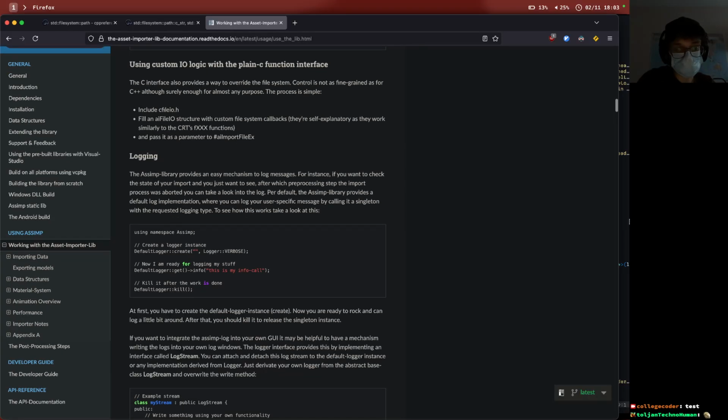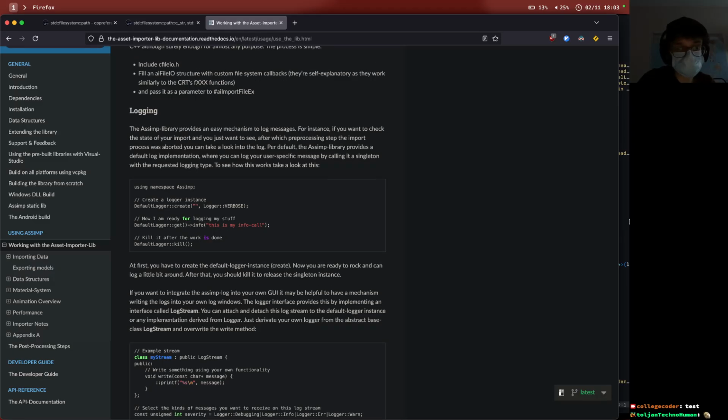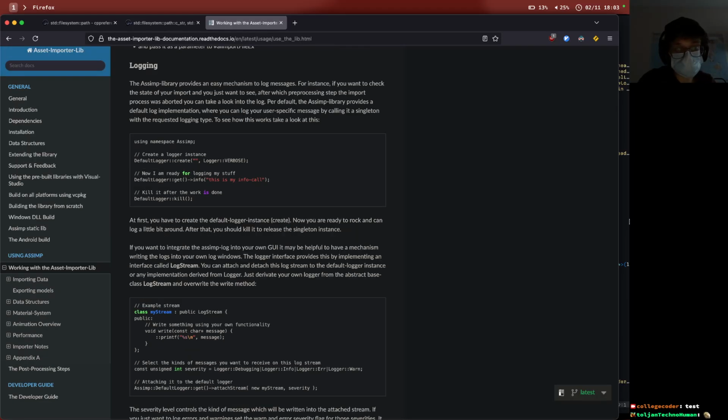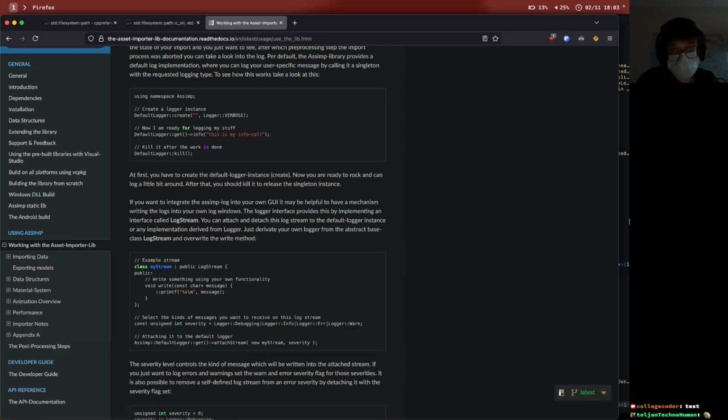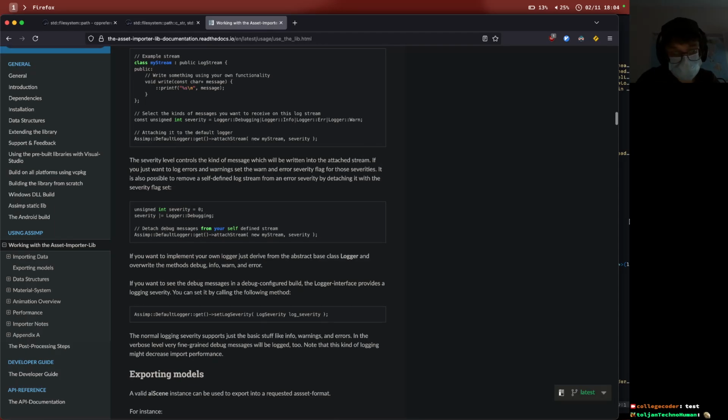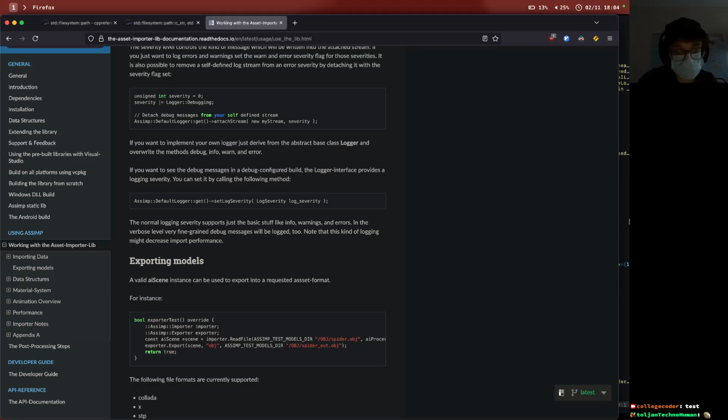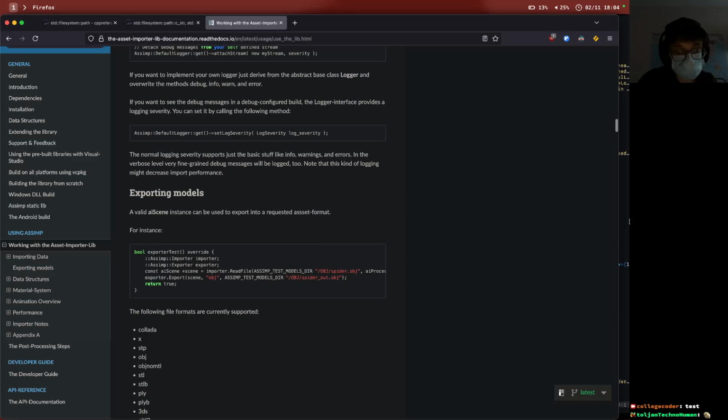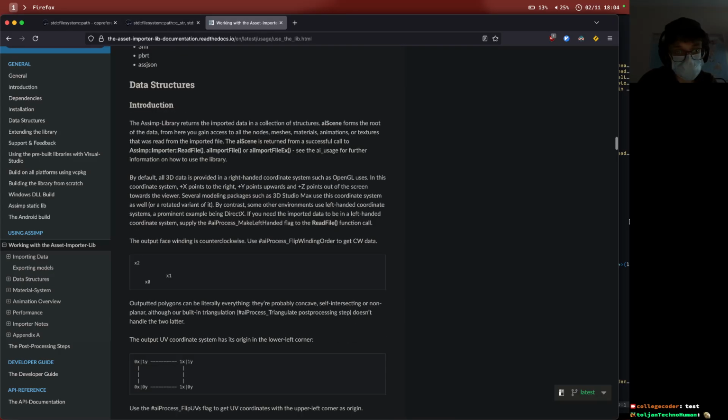Using custom IO logic, whatever. Logging, I mean, not really. What can I say? Exporting models, don't care.